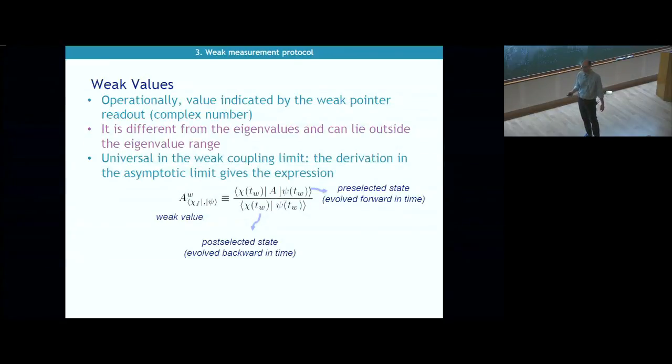Basically, the weak value really reflects what happened at the time of interaction, even though, as you marked, the last projective measurement is made at some other time. But the final projective measurement is going backward in time up to TW.